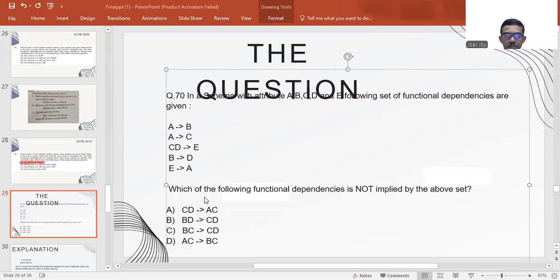In order for us to do this question, first we need to understand what functional dependencies are.